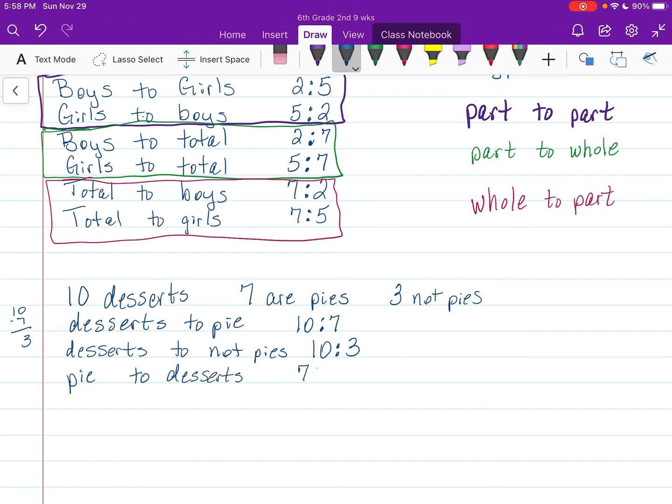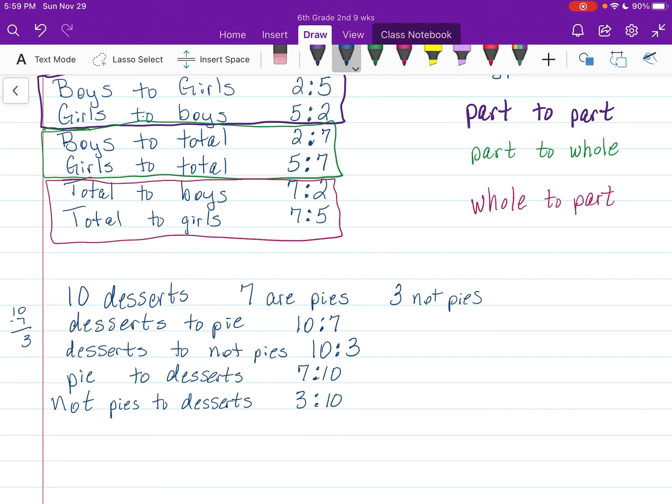So it's 7 pies to 10 desserts. Not pies to desserts. So we have 3 that are not pies to 10. So that would be our part to wholes.